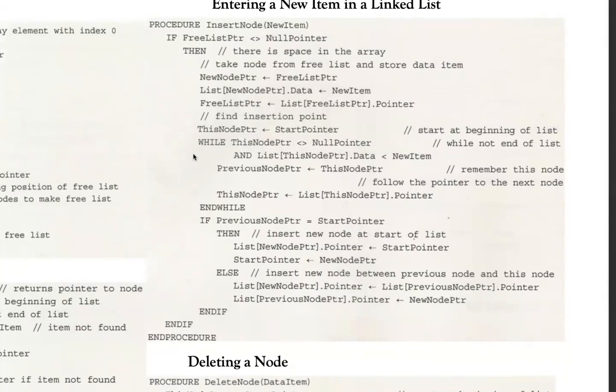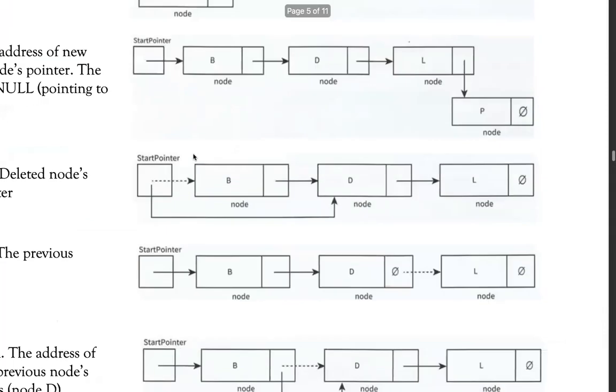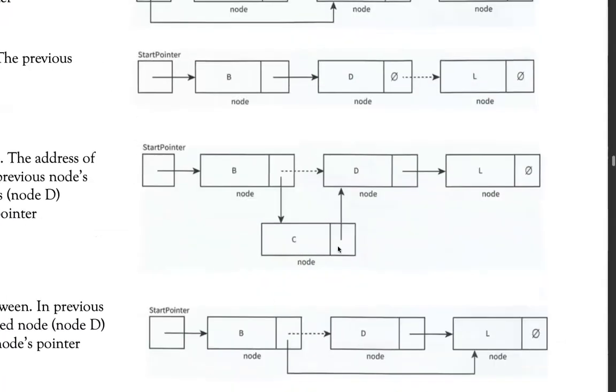If the next node's contents are also lesser than my new item, I will move ahead, to the next node, and the next node. If the next node is now larger than my new item, then I will stop right here and add this new node between this larger node and the previous smaller node. So in this case, say I was trying to add C to it.